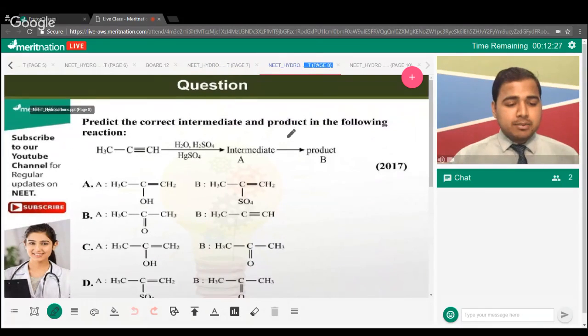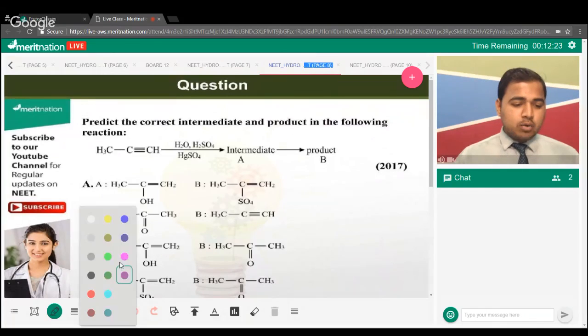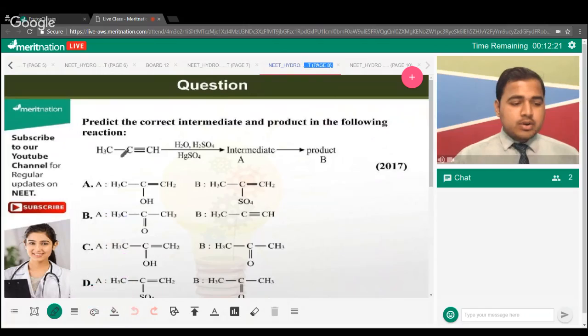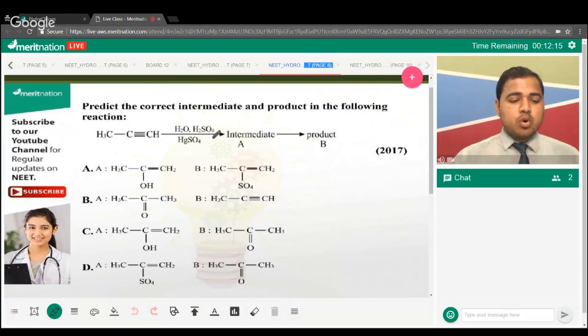Predict the correct intermediate and product in the following. So right now we have to perform this. For this question, the reagents are H2O, H2SO4 and HgSO4. In this procedure, if you choose CH3-C triple bond CH, and you are adding H2O, so this is HOH.